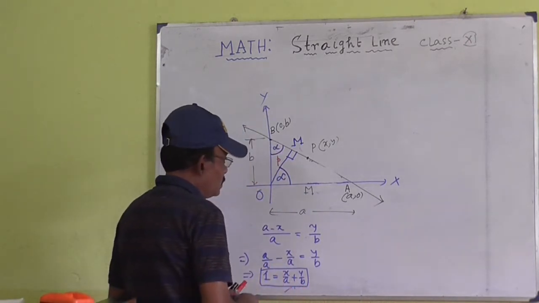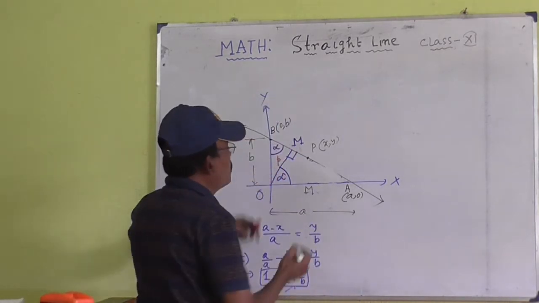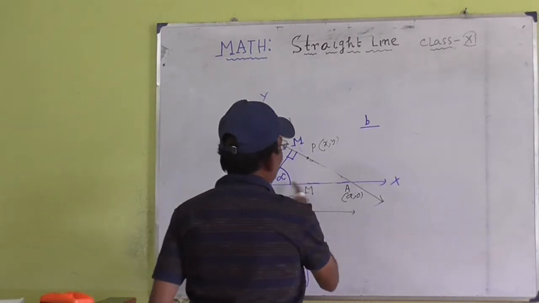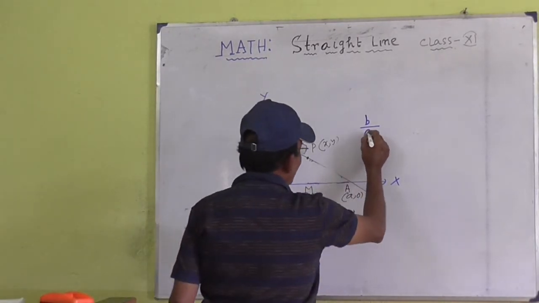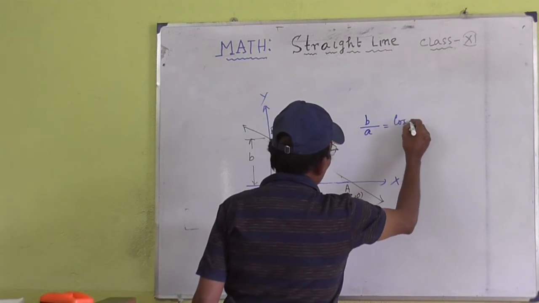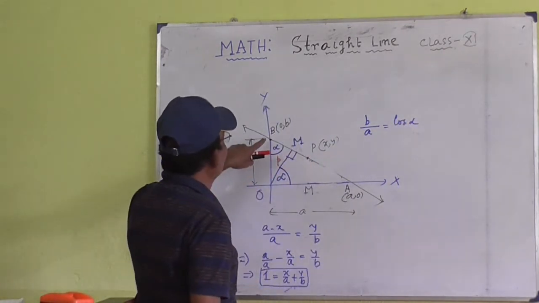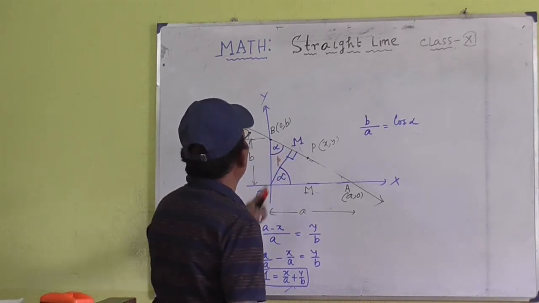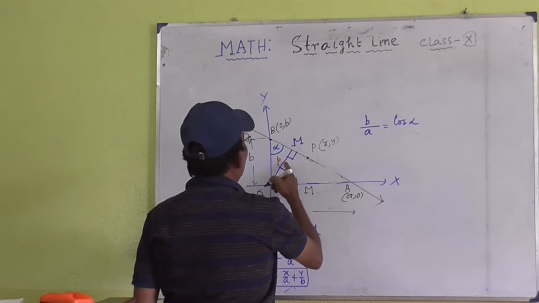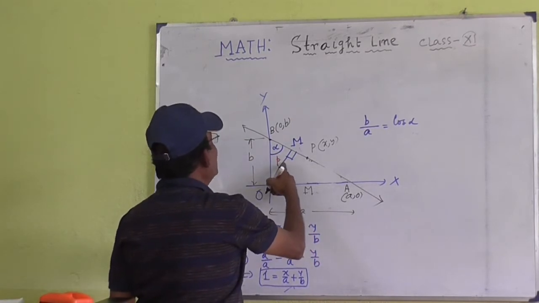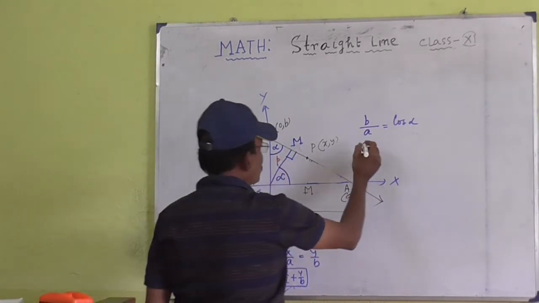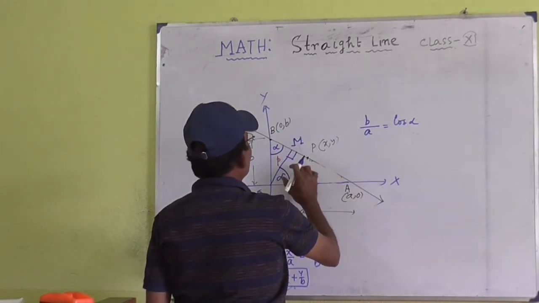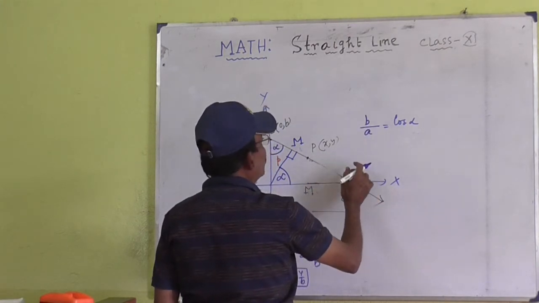From trigonometry, in this triangle BMO, base by hypotenuse, with hypotenuse length A, equals cos alpha. Sorry, I am writing wrong here.